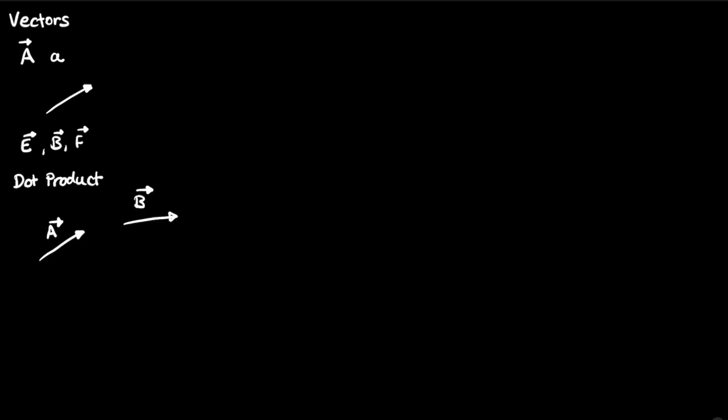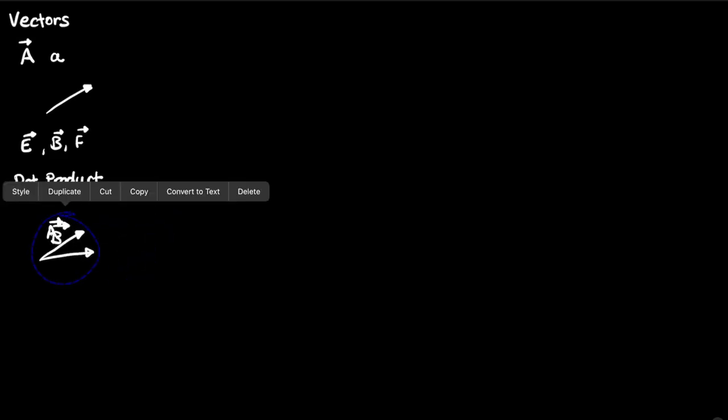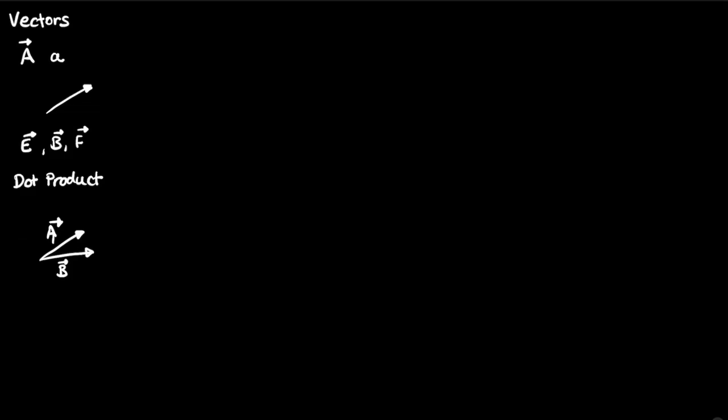The way you do that is you put these vectors tip to tail right here, and you look at the projection of one of them onto another. As you can see, these vectors are pretty well aligned. The way in which you quantify that is you take the cosine of the angle in between them, the cosine of theta.